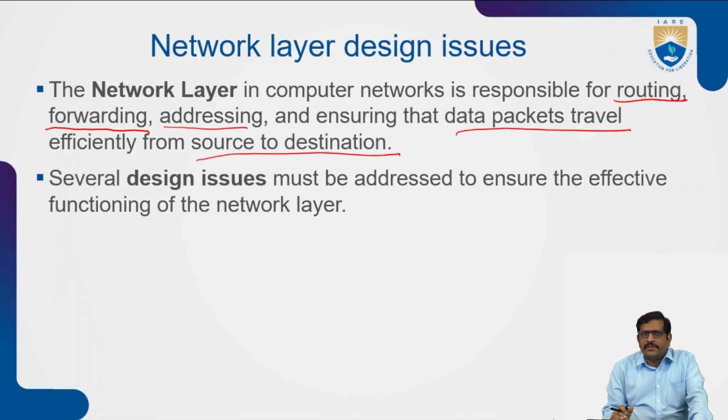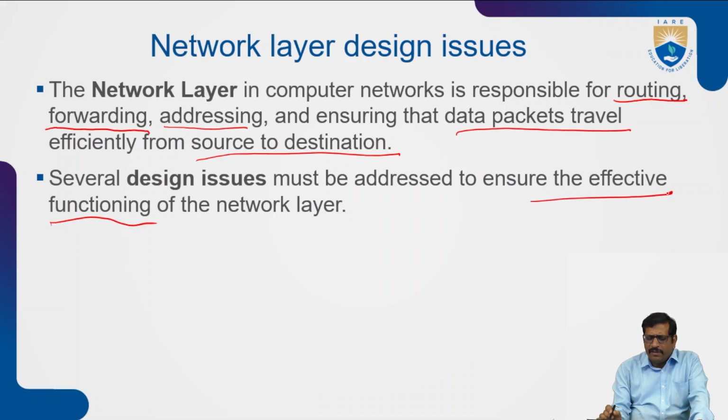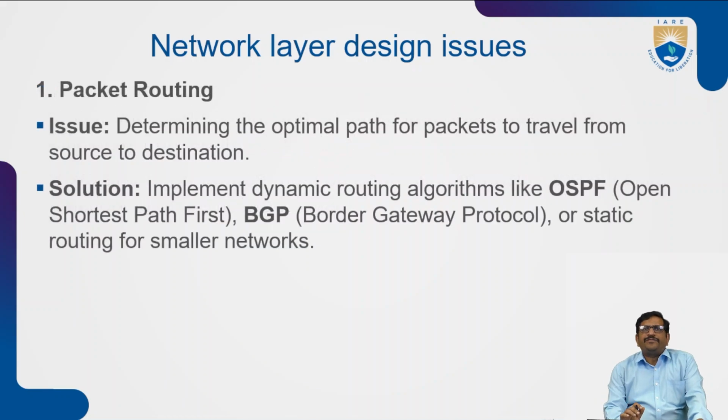While delivering these packets, several issues must be addressed. By addressing those issues and resolving them, effective functioning of the network layer is achieved. So, the first issue is packet routing.